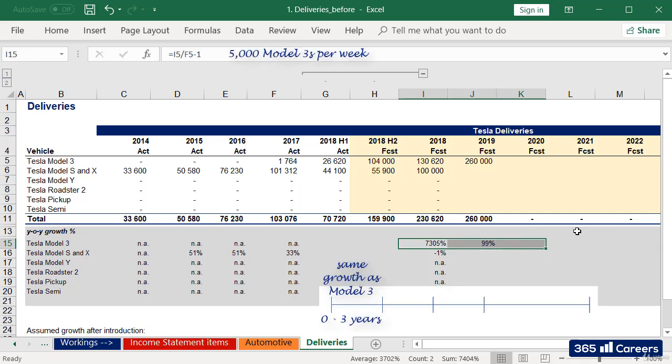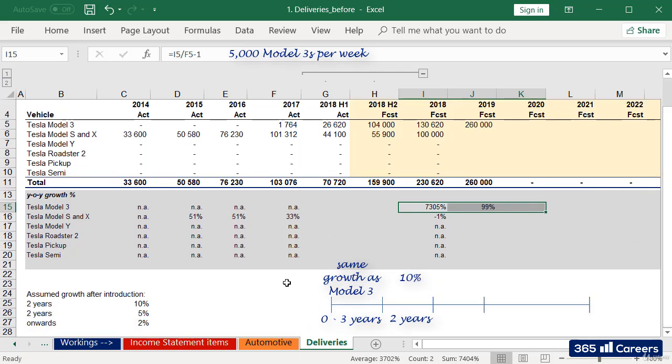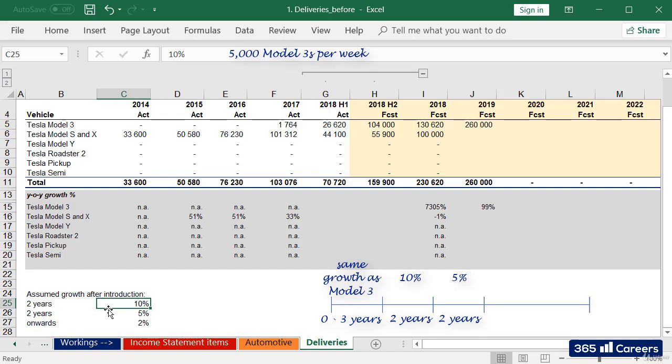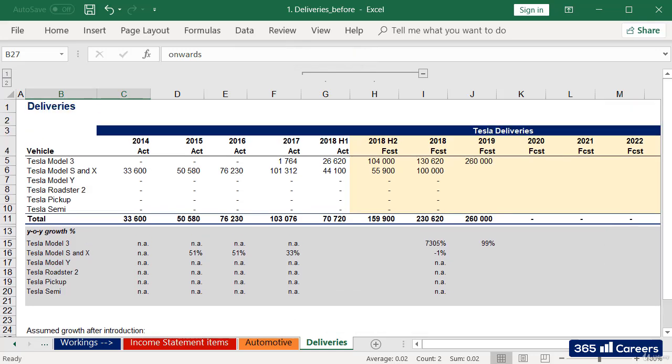The first 3 years of all new models will be a lot like the growth rate of Model 3 in its first 3 years. Then we'll assume that the 2 years after the introduction phase will have a growth rate of 10%. Then the 2 years after that will have a growth rate of 5%. And growth from that moment forward will be constant at 2%, which accidentally matches the level of long-term inflation.